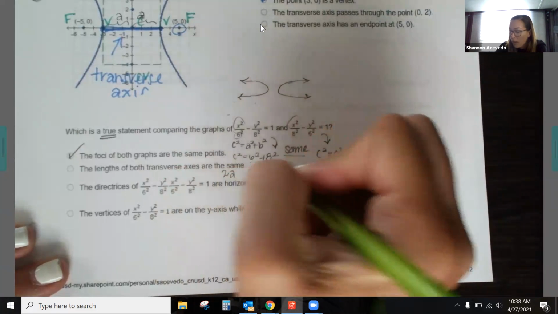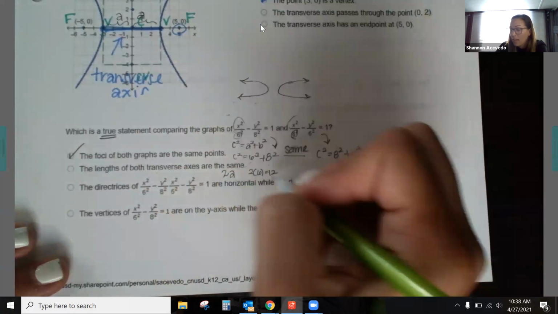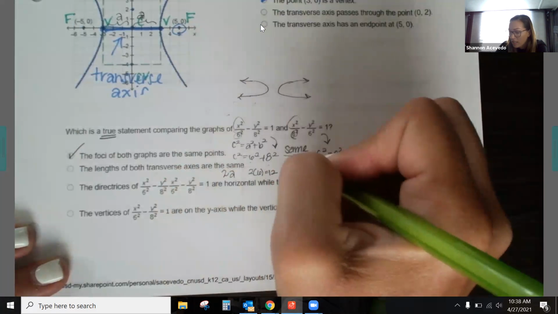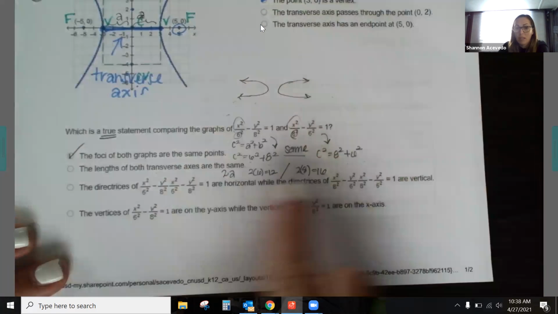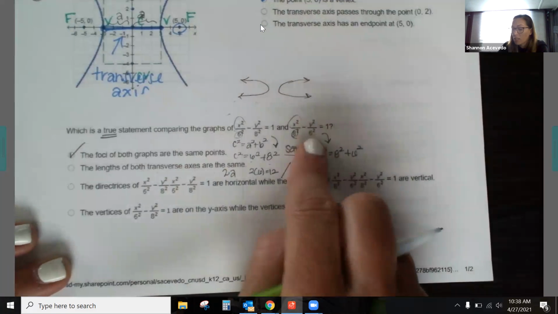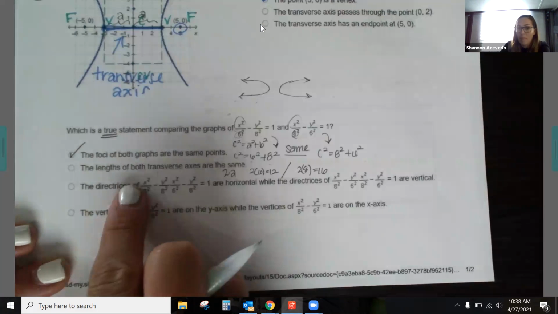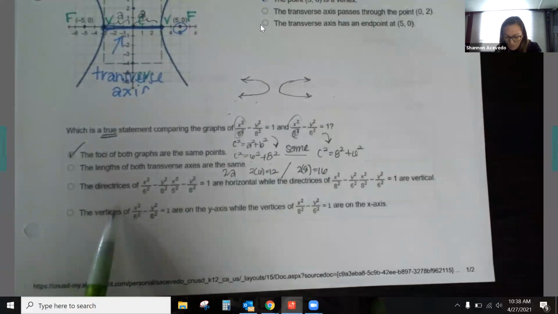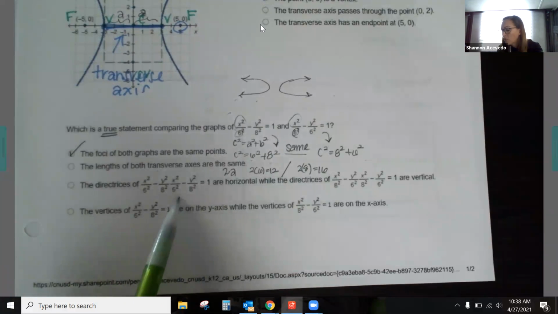If I look at my second one, my a is 8, so it'd be 2 times 8, which is 16. They're not the same lengths. So this graph has a longer transverse axis, so this is not true. They do not have the same.